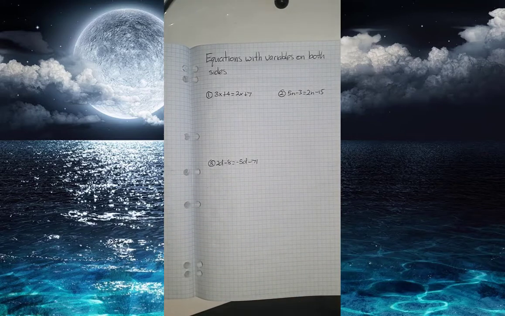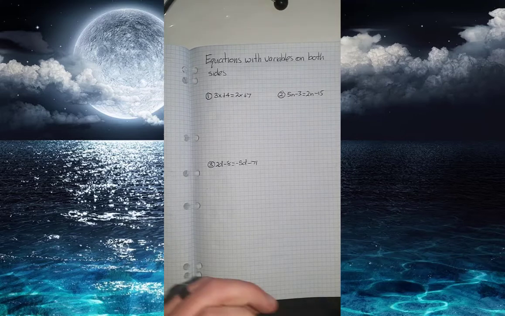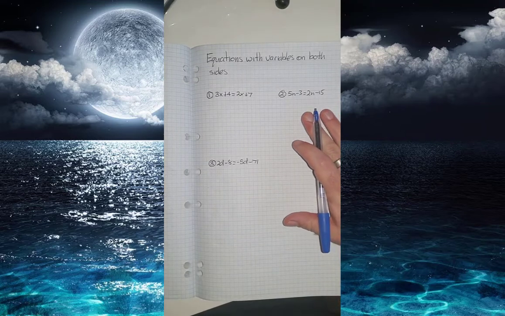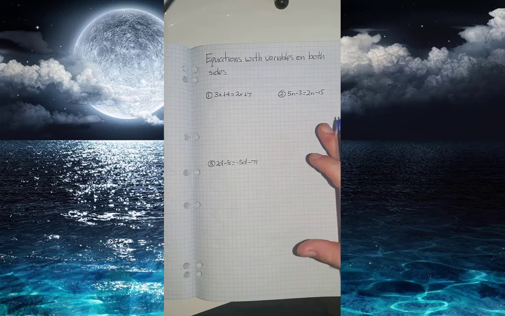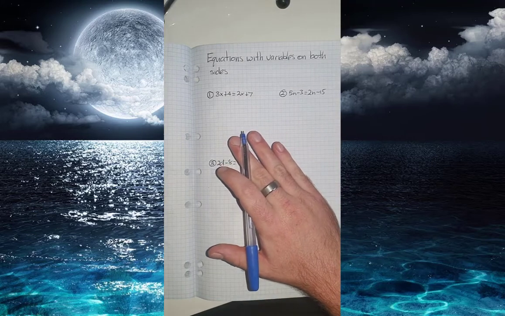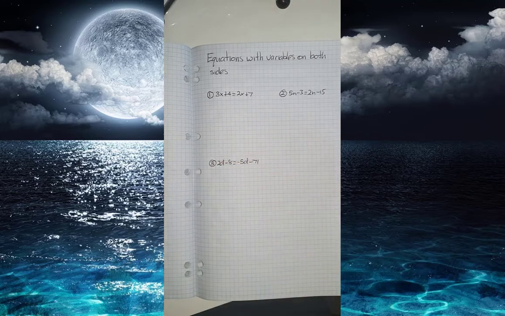Now, in the previous two techniques, the one and two-step equations, the goal was to get x, or the pronumeral, on its own so that we could determine which number it represents. That's still the goal with these types of questions, but we first must get all the pronumerals onto one side and then all the numbers without pronumerals onto the other side.